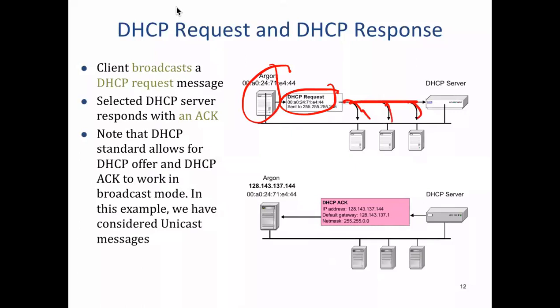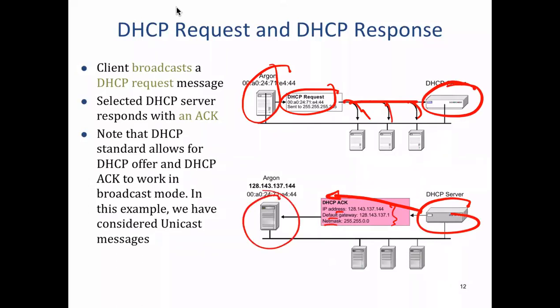And then the server which was selected responds back with an acknowledgement that you will have to use these parameters, like IP address, gateway address, net mask, and lease time. And now this guy has all these configuration parameters which it can use.